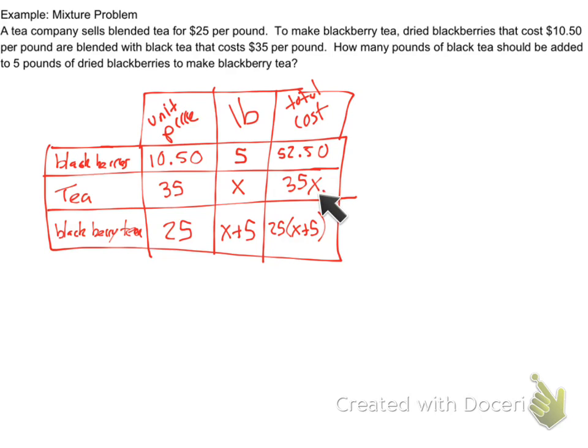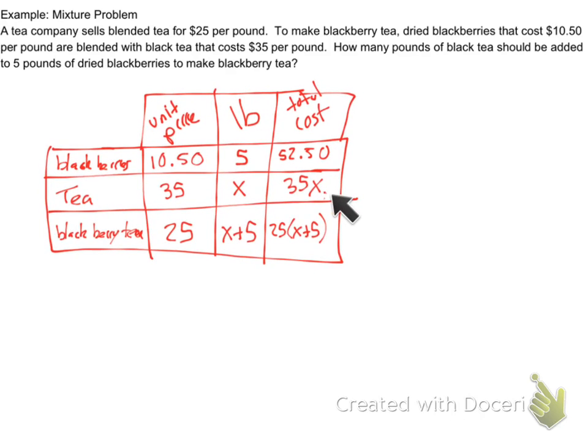And here's the cool thing. Down here, we said if there was X pounds of tea plus 5 pounds of blackberries, I would have a total poundage of X plus 5. And whatever that is, I multiply it by 25, it will be the total cost of the blackberry tea. Here's my total cost. Right there. It's made up of these two. So guess what I can do?